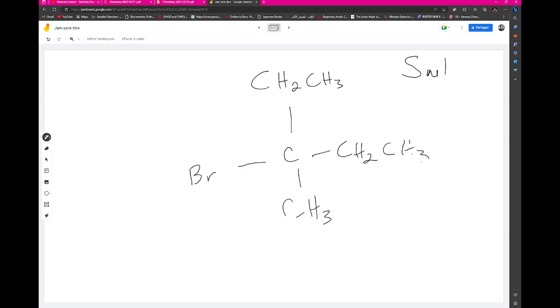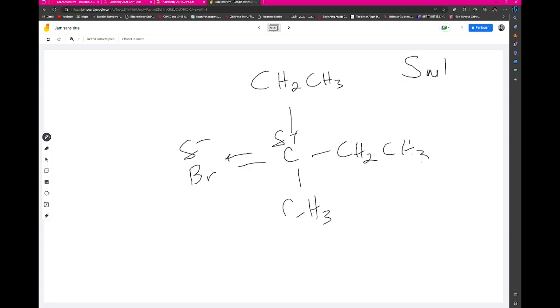If we look at the SN1 type of reaction, the unimolecular reaction, there will be a slightly negative charge and a slightly positive charge here, causing the bromine to drag electrons closer to itself because it's more electronegative.